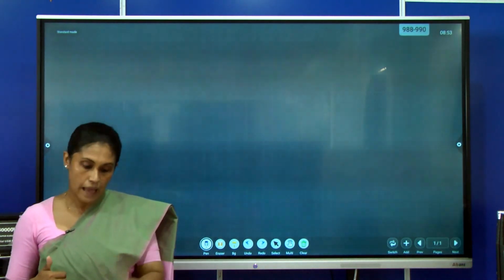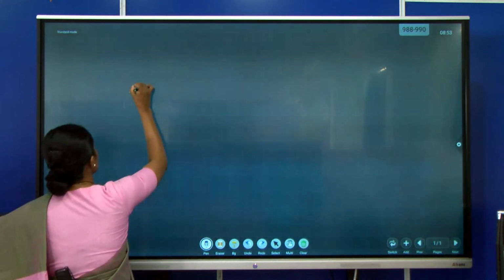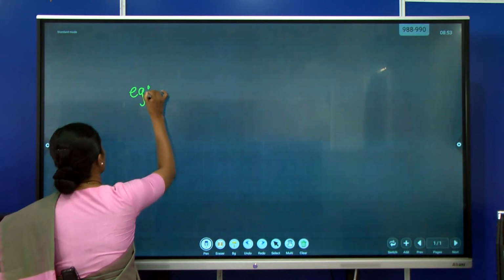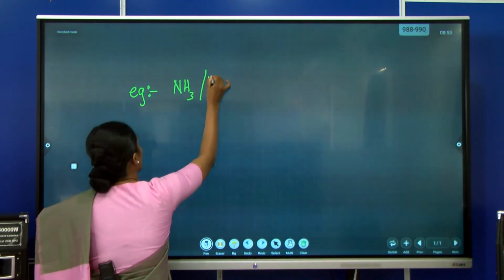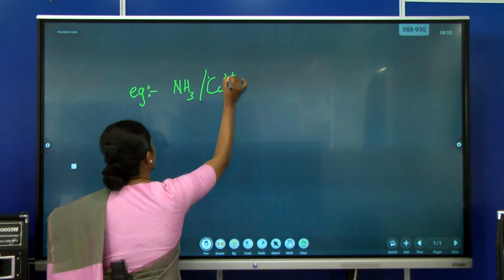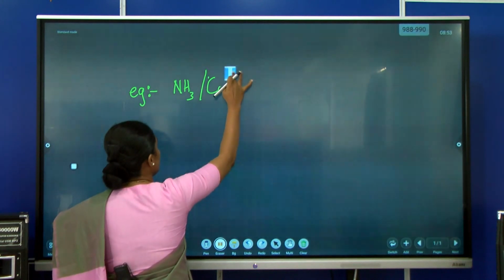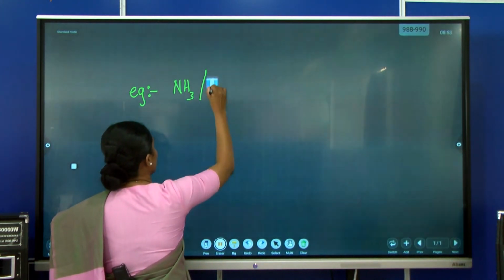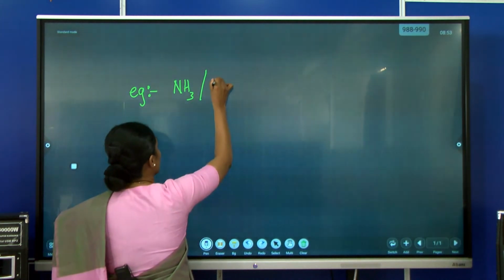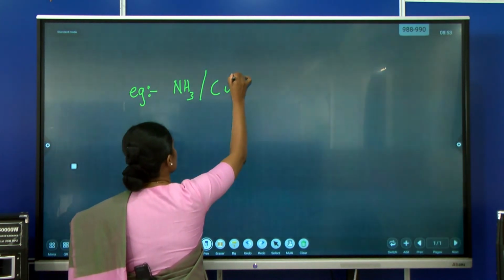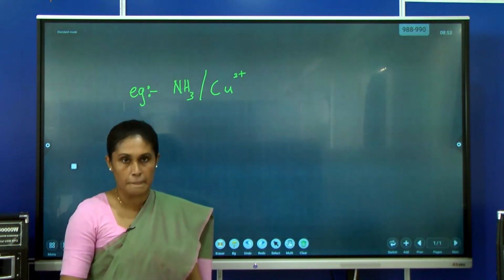In the example I have given ammonia and copper 2+ ion. You know, children, copper has many oxidation numbers, but here we consider the copper 2+ ion.